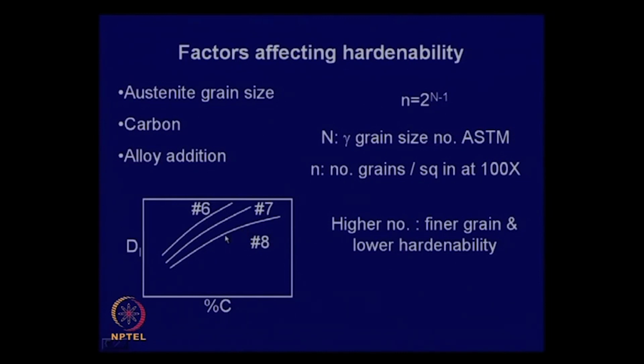Therefore, finer grain will exhibit lower hardenability, and last class I tried to explain with the diagram the effect of grain size on hardenability. This is a plot which shows the ideal critical diameter as a function of carbon content. For a given austenite grain size number, as you increase percentage carbon, the ideal critical diameter goes up.